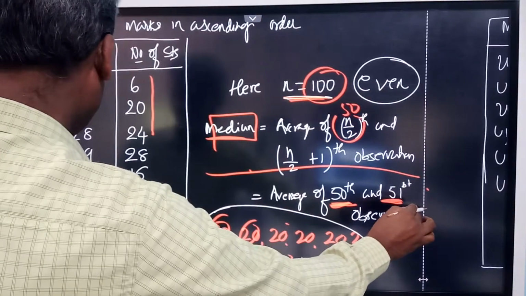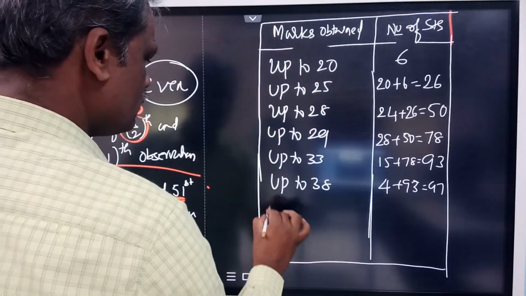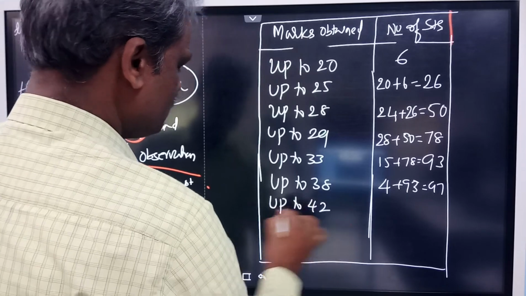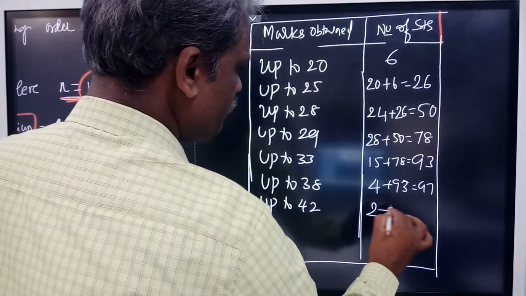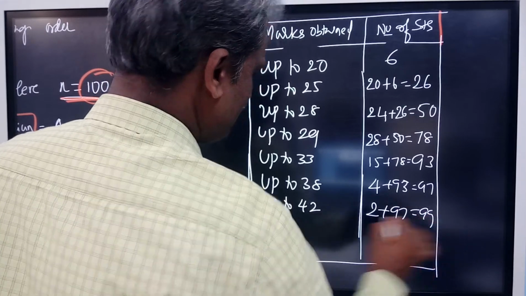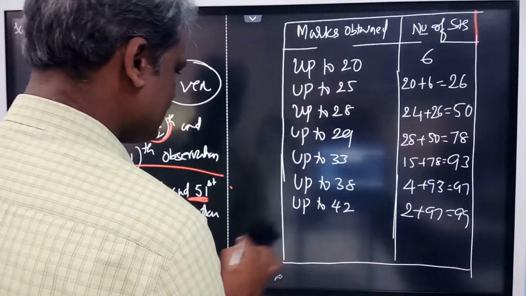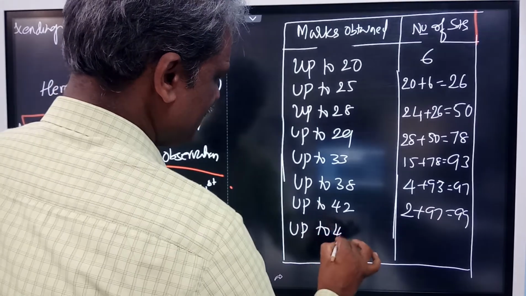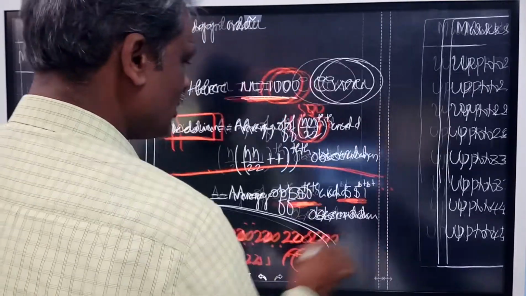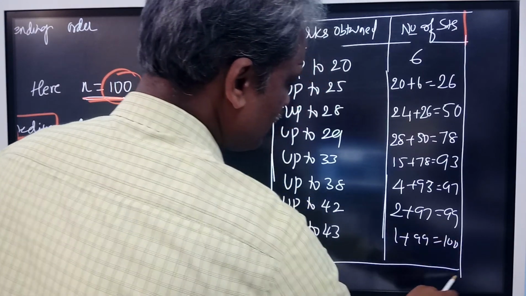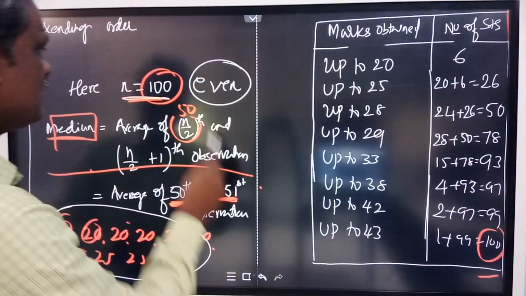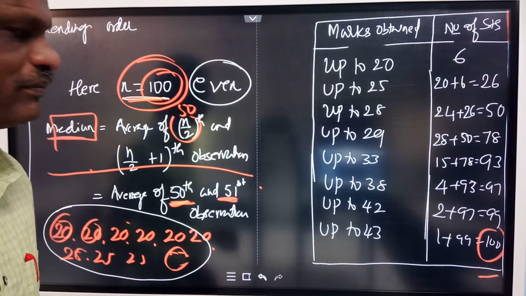Then up to 42, we are having 2, so 2 plus 97 is 99. Then up to 43, we have only 1. So 1 plus 99 is 100. The total should match: 100, n is equal to 100.